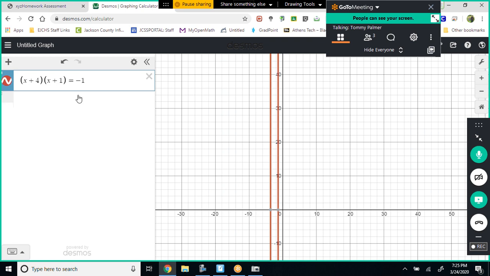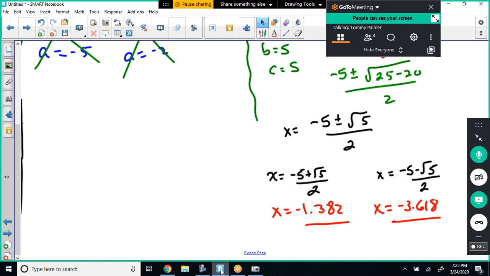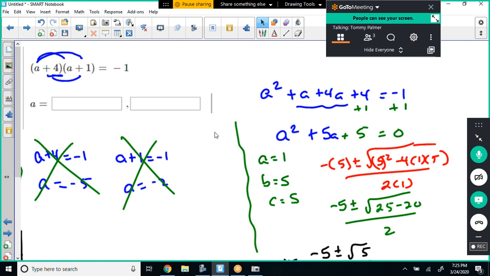Okay, and all I did was type it in exactly the way it was, right? And I'm looking at my zeros. There you go. So it's a very powerful tool, but you need to know how to solve it, right? So there. Okay. Any questions on this one?